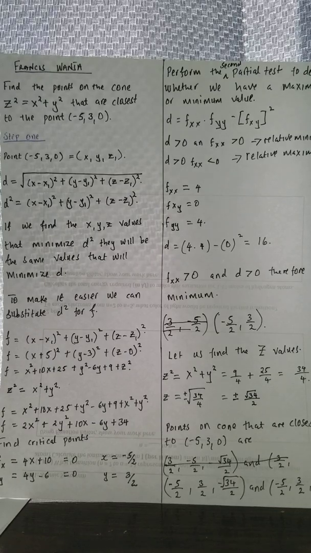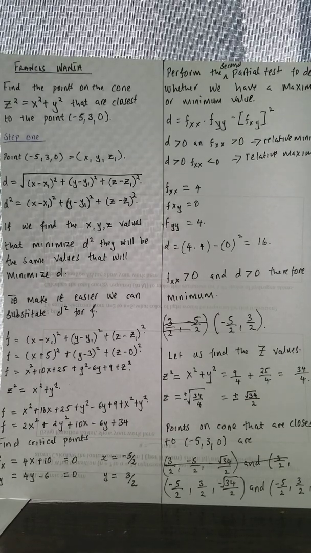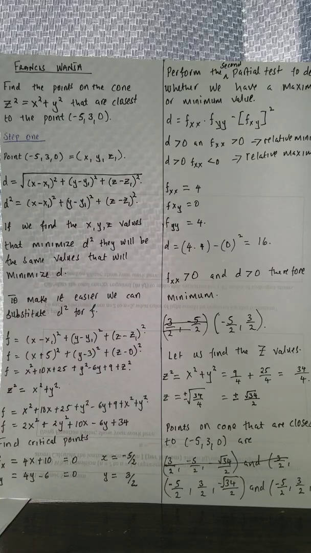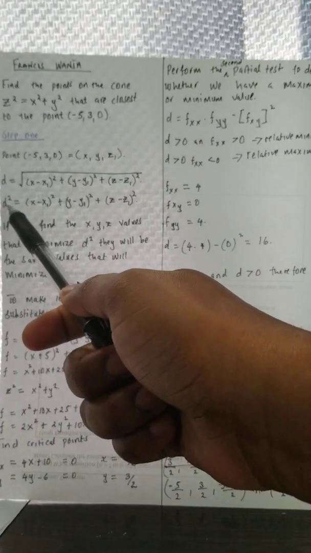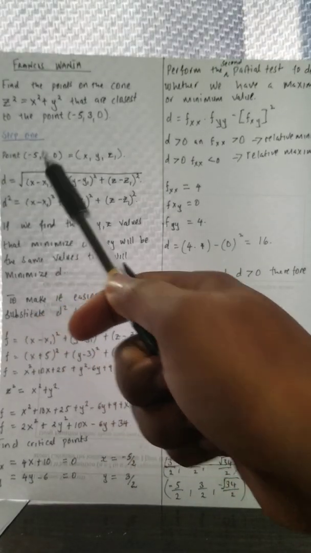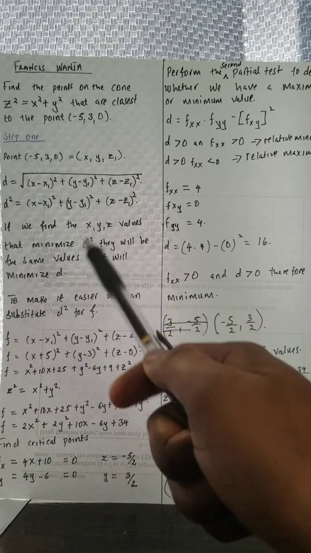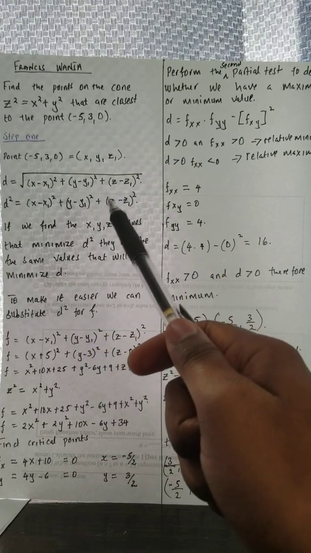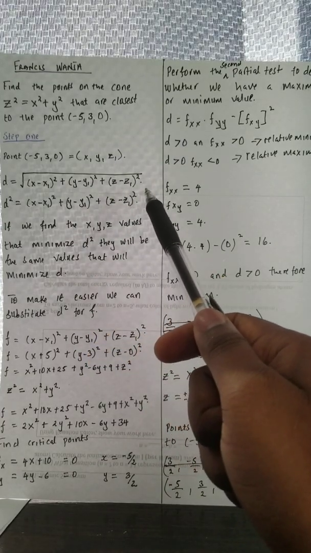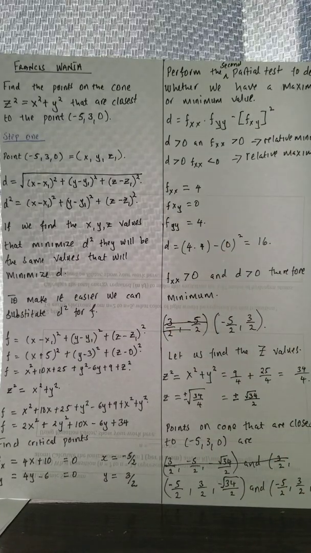And our x1, y1, z1 are the points that we are given, -5, 3, and 0. The easiest way for me is just to square both sides. So d squared equals (x minus x1) squared plus (y minus y1) squared plus (z minus z1) squared.